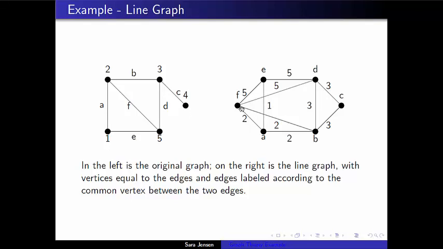So when I look at the corresponding vertices in the line graph for F and C, there is no edge between them because there is no shared vertex between those two edges. So you can pause and take a look to make sure that everything is kosher here, but it should be the case that everywhere there is a line between two vertices in the line graph, those edges share a vertex, and I've labeled them properly in this picture.